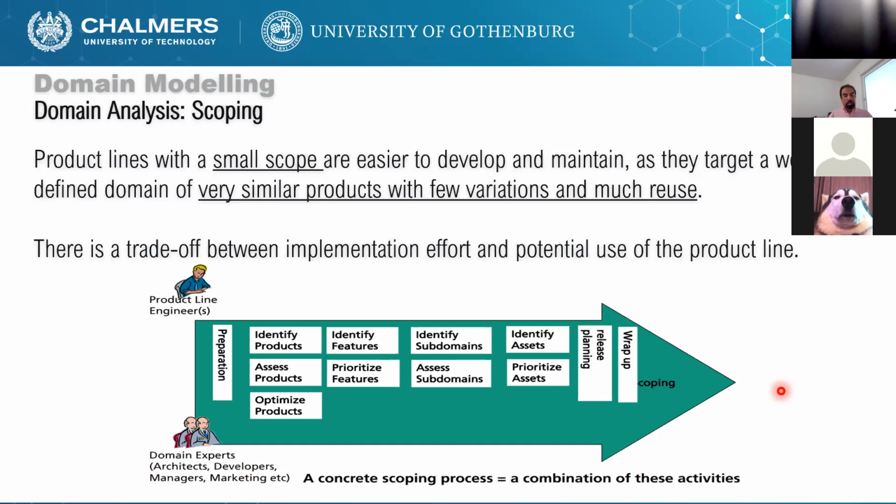This is always a tendency: why not include this customer, why not include this feature, why not include this application, because we will have a wider market and then we're going to realize more revenue. The temptation is there, but we are saying the smaller the scope, the more focused and the more clear are the features. And the more you have similar products with a few variations, the more you can reuse these variations.